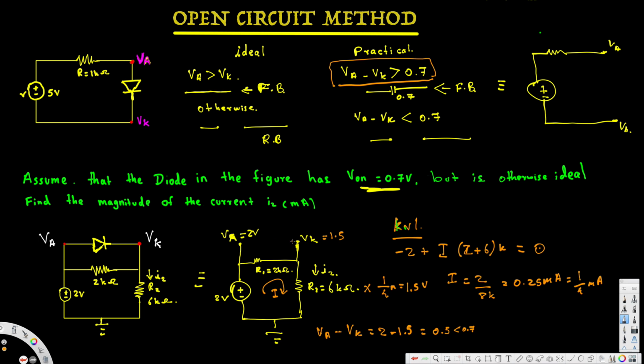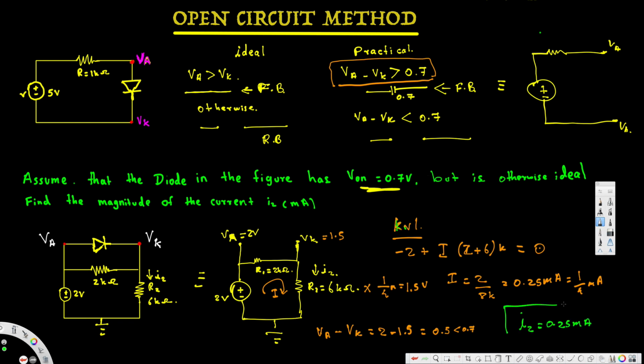Since this is open and this is a correct diagram, our I current is going to be the I2 current, because the current is the same everywhere since all of them are in series. So I2 is equal to 0.25 milliampere. And that's how we do this kind of problem.